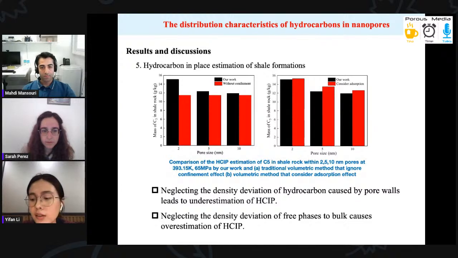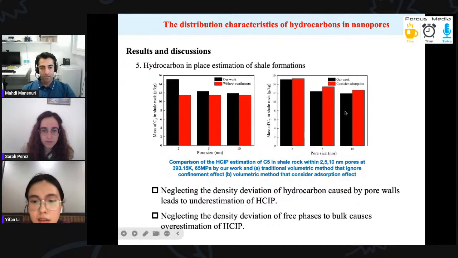That means during the calculation, we just use one density value, the bulk value from experiments. So we could see if we neglect the density deviations of hydrocarbon, that would lead to underestimations of hydrocarbon in place, because we do not take the density peaks of adsorption into our consideration.